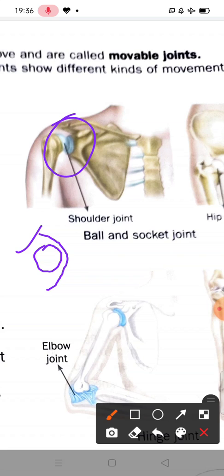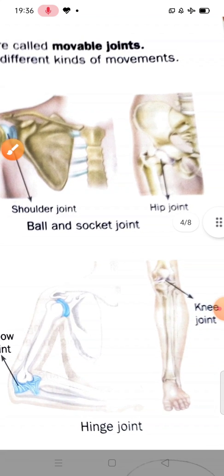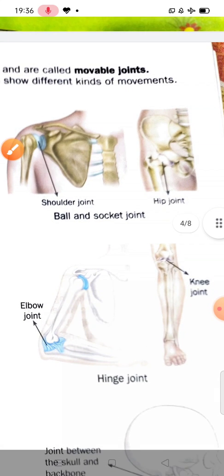They are found in the shoulder joint and hip joint. So I hope you understand.